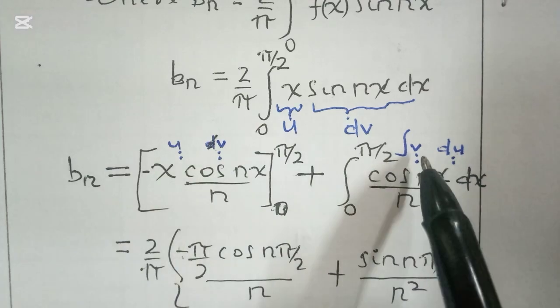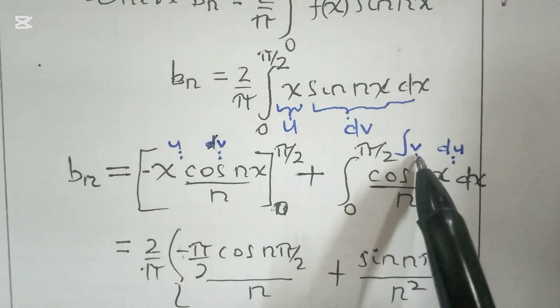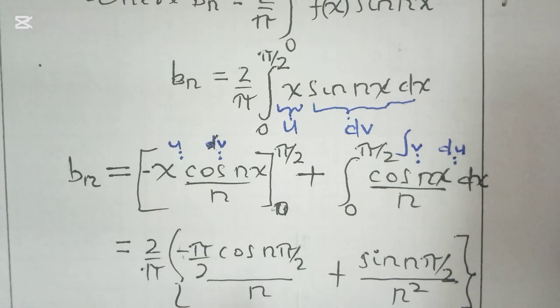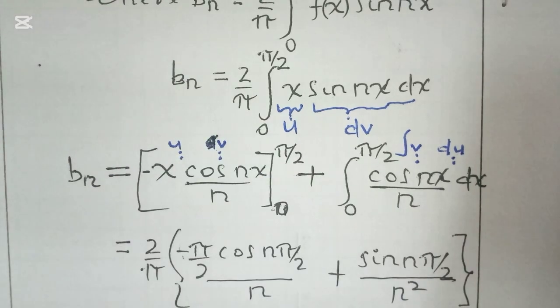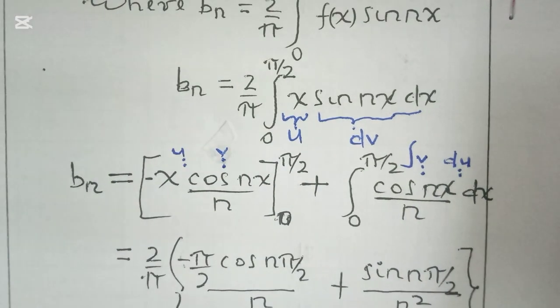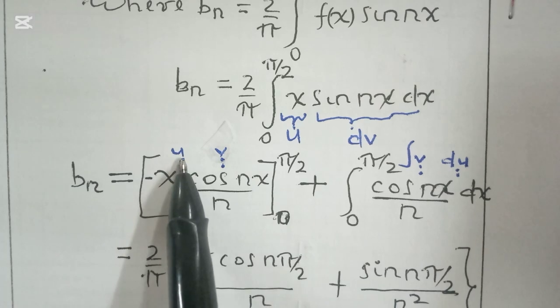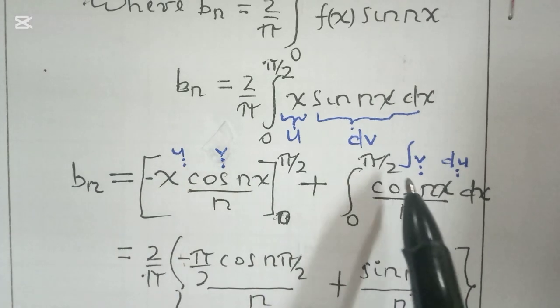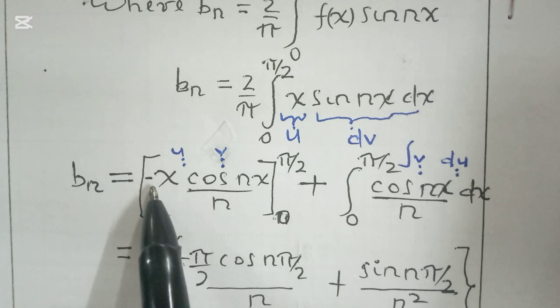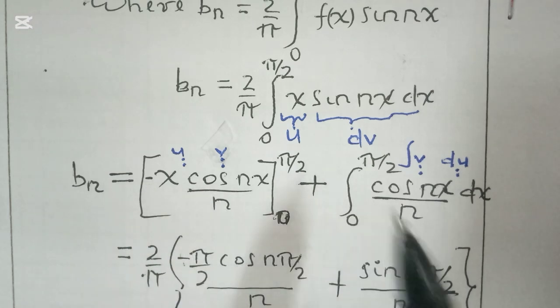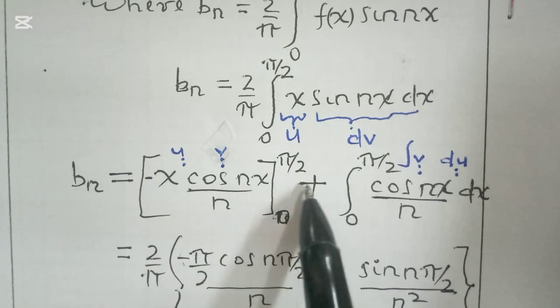And then here we have the v and the du. So guys, this is how now it's supposed to be. So like that, you have u, v, and then here we have, remember that this minus is for cos. So that cos is what now causes this one to turn to positive.